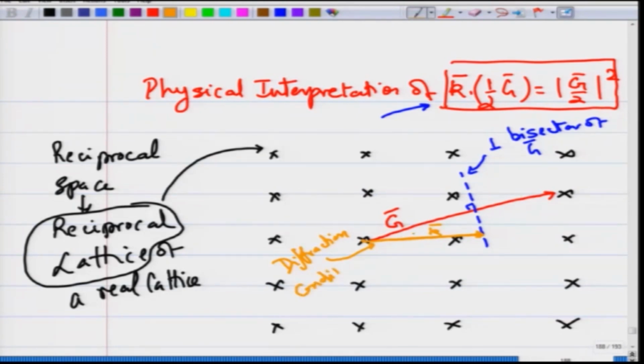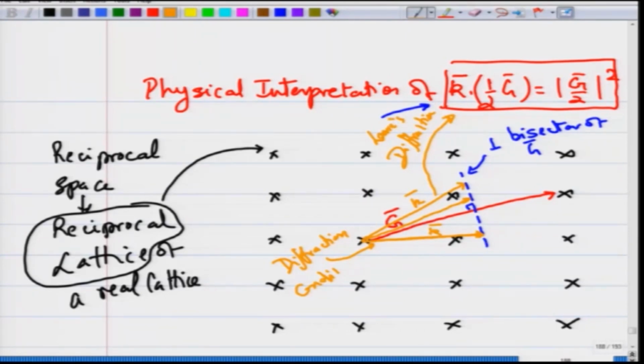Namely, this is just one wave vector, but I can have multiple wave vectors. I can have another wave vector like this. All these wave vectors which are terminating on this perpendicular bisector, all these k's will satisfy this condition, namely they will give rise to Laue's diffraction.